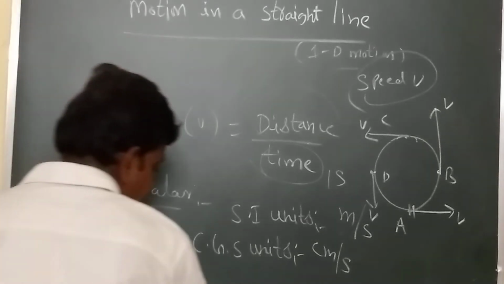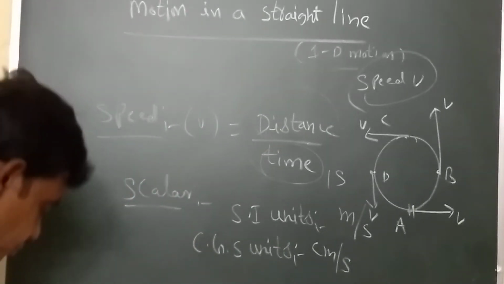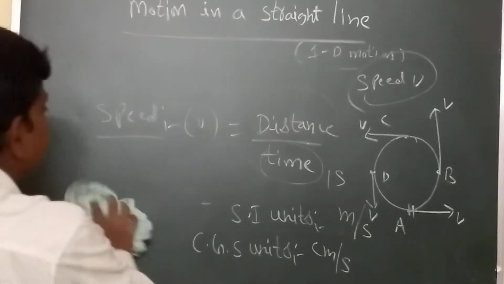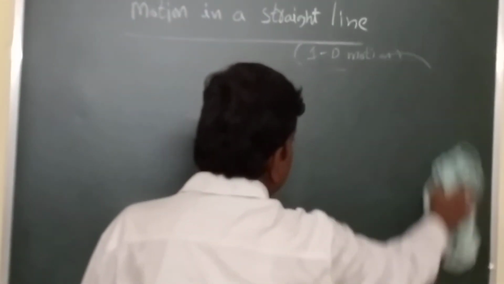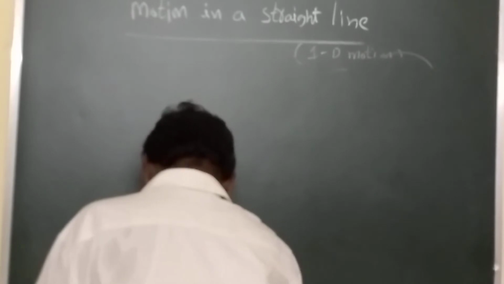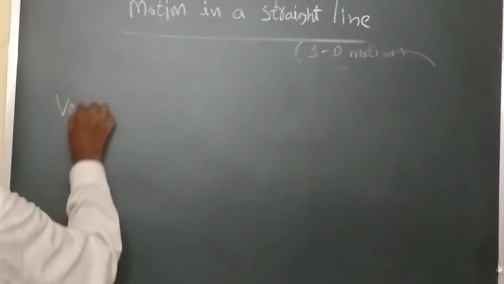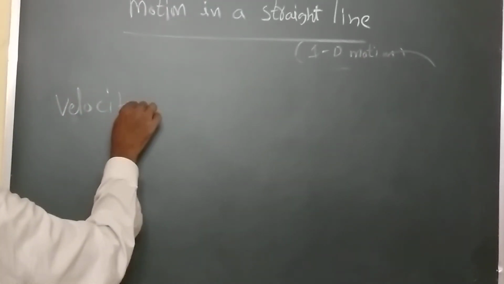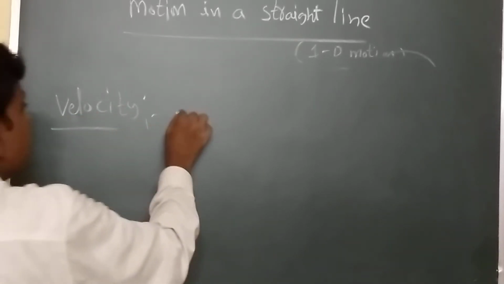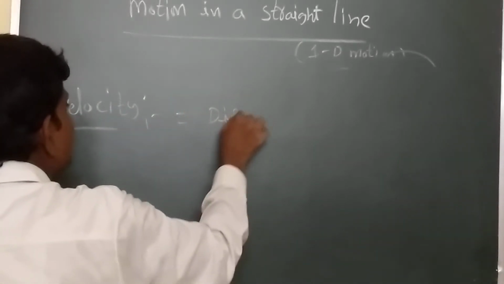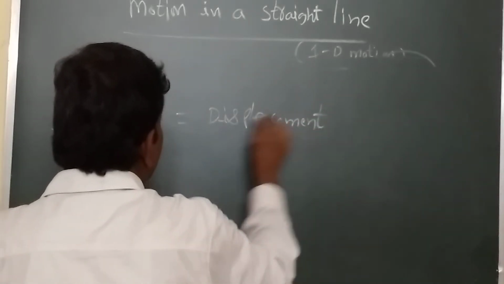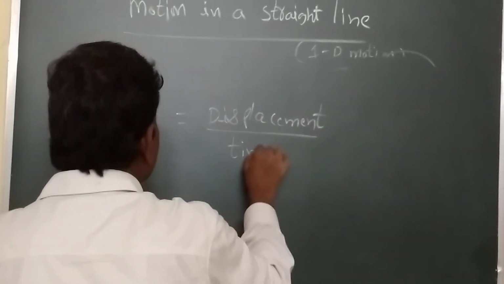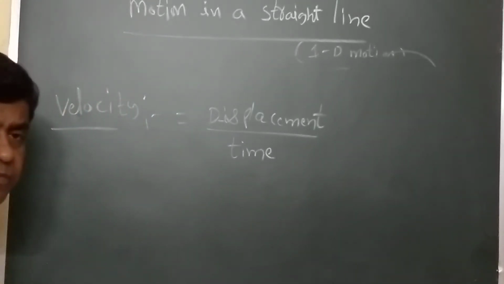This is about speed. Next we go to velocity. What is velocity? Velocity equals displacement by time.